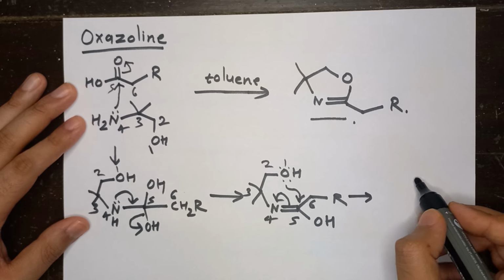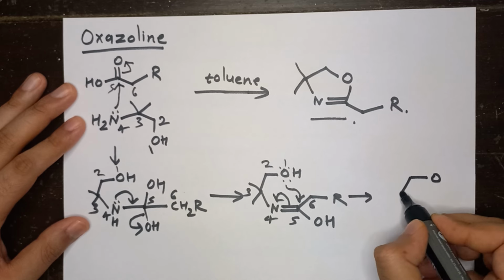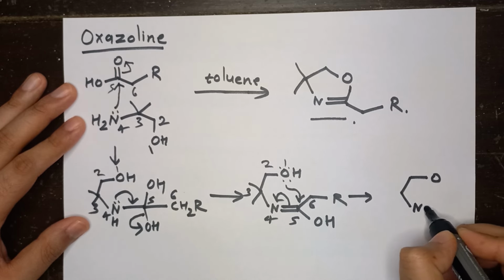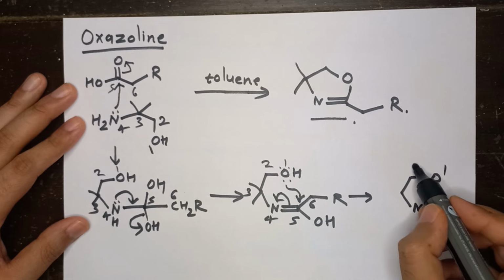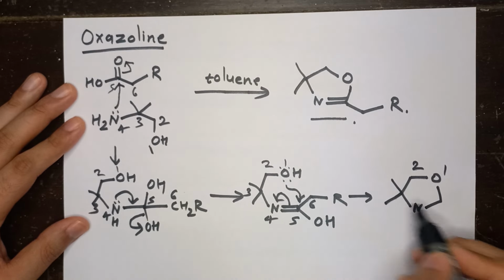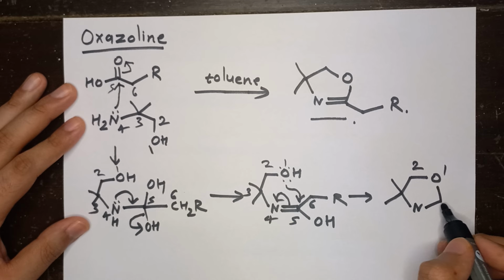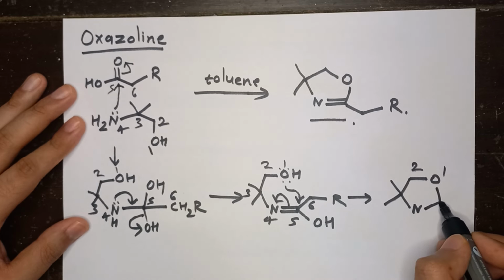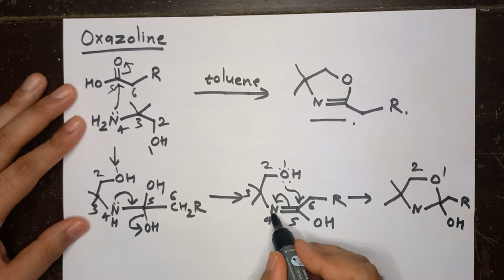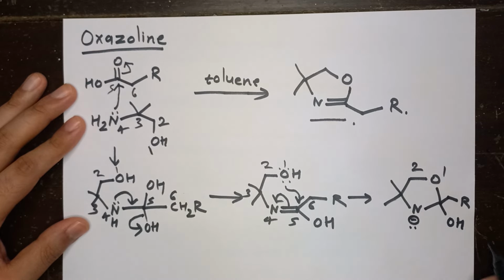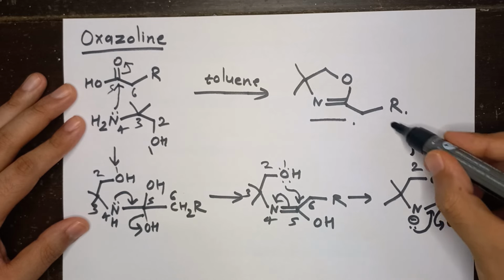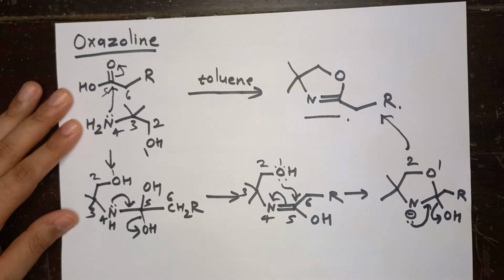So this will give me oxygen, something like this. This is 1, 2, 3 has 2 methyl groups, 4 is nitrogen, 5th is my carbon, and that carbon has CH2R and OH. Now this nitrogen is bearing negative charge, so this will form double bond here, eliminating OH, and this is how you got your product.